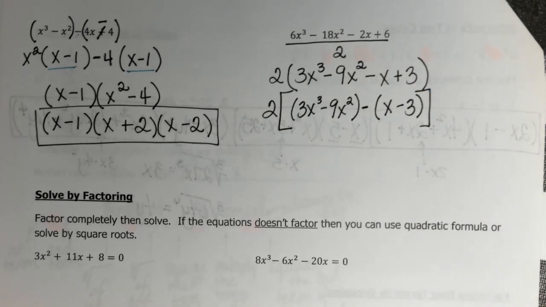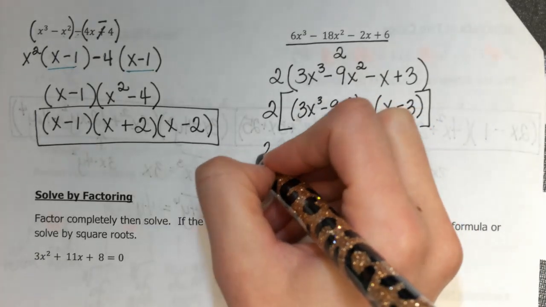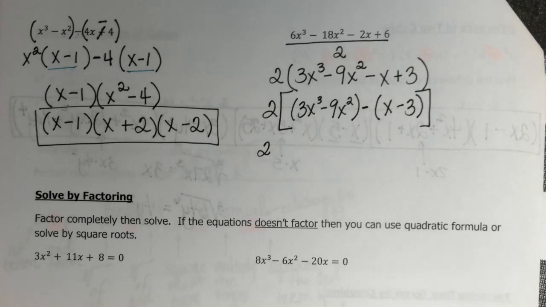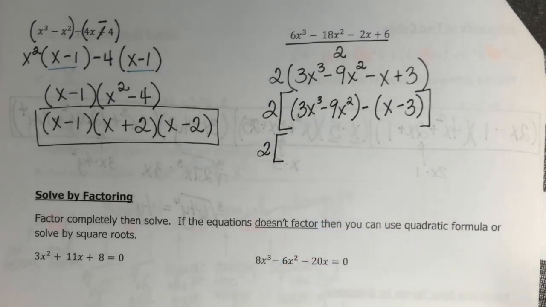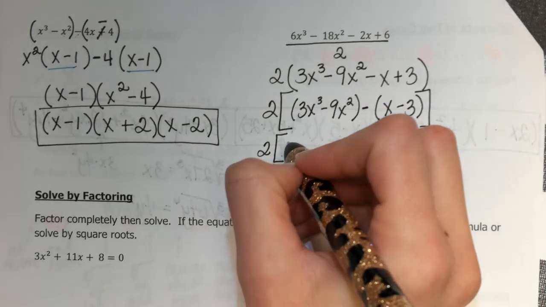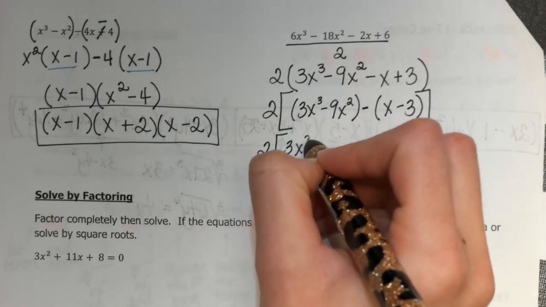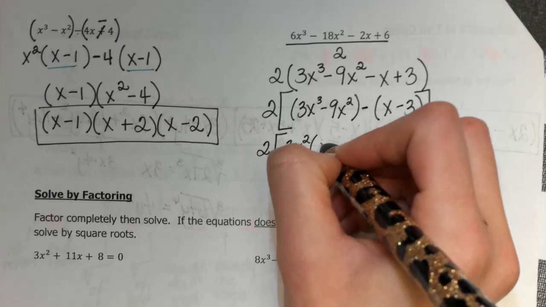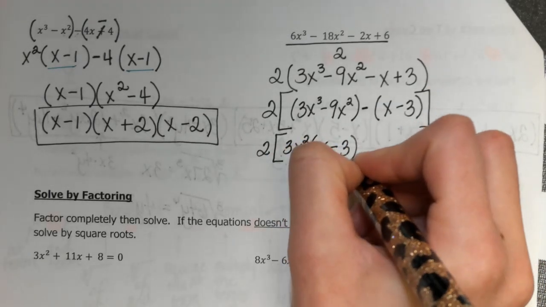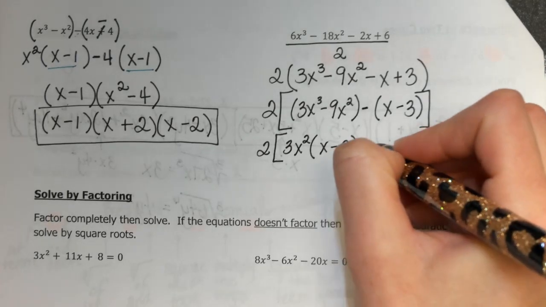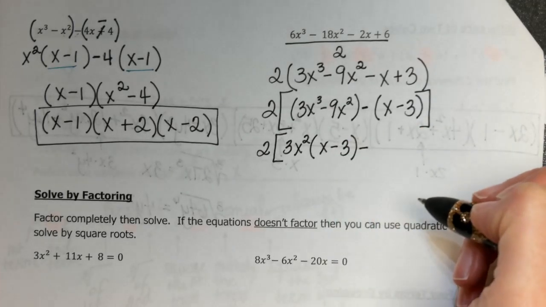Now I'm doing brackets because we're going to have double parentheses somewhere, so I want to make sure y'all keep that separate. Because of that outside GCF you have to keep. Alright? Now between 3x cubed minus 9x squared, what's my GCF going to be? 3x squared. So that leaves me with x minus 3, and then minus, can I do anything with that x minus 3?